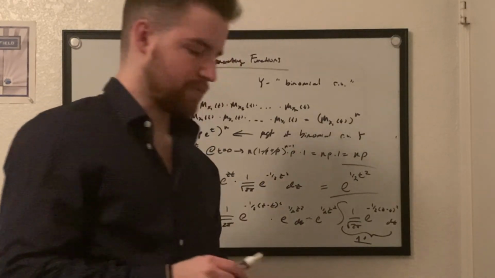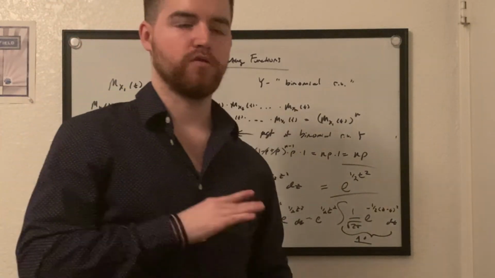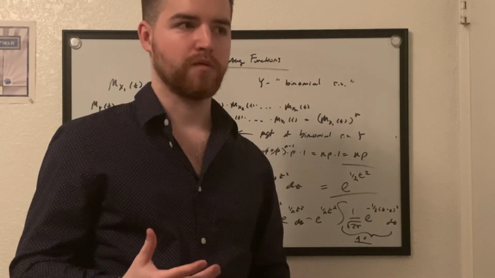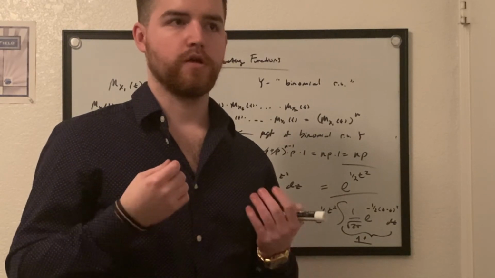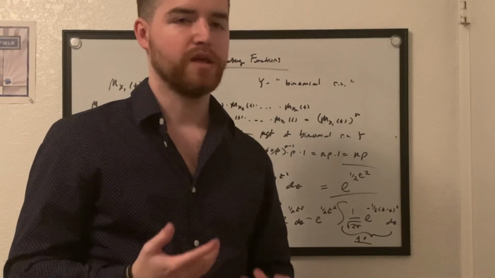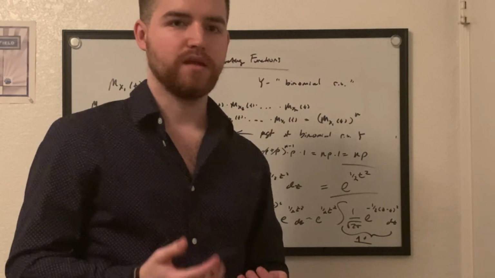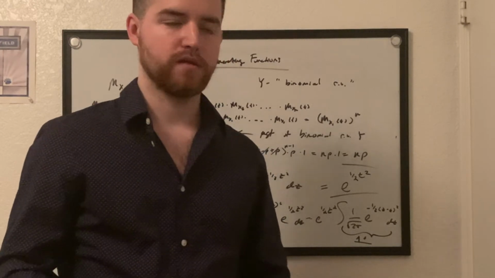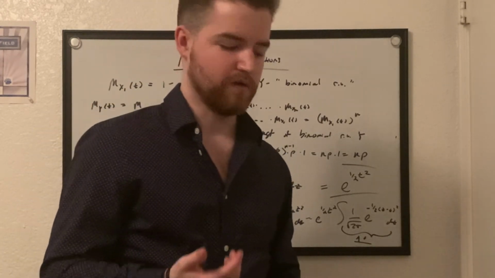But this wraps up our discussion. This is what I wanted to introduce to y'all as being a moment generating function. It is a function of a random variable whose consecutive derivatives evaluated at t equals 0 give the consecutive moments of our random variable of interest.